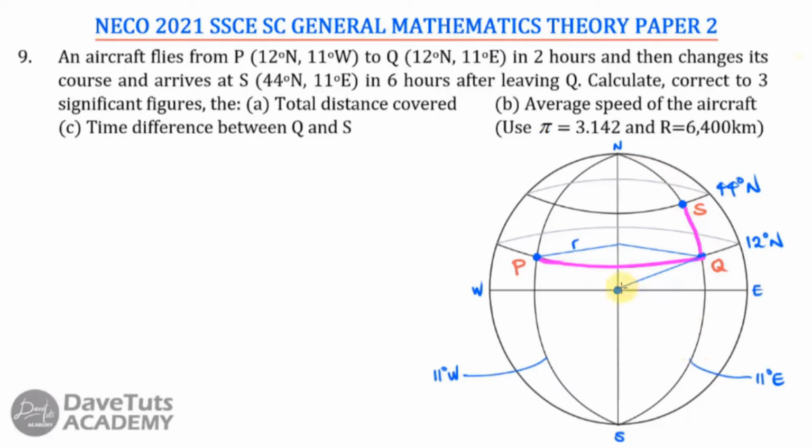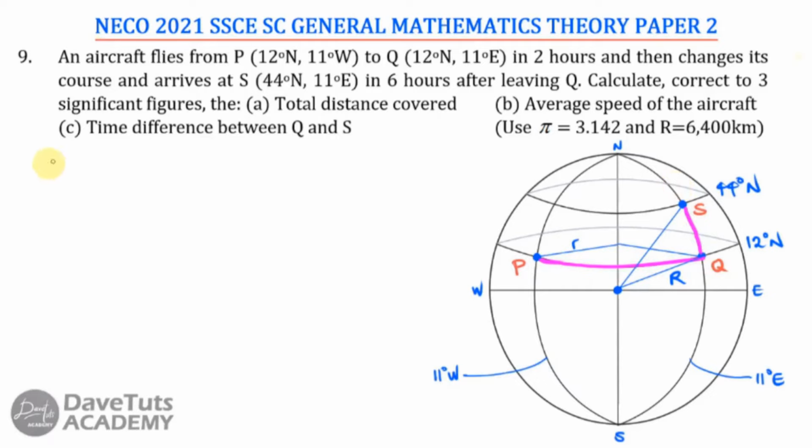These are the radius of the earth r, which was given as 6,400 kilometers. Our mandate here is to find the total distance traveled, and that will be the distance PQ along the parallel of latitude plus the distance QS along that longitude.